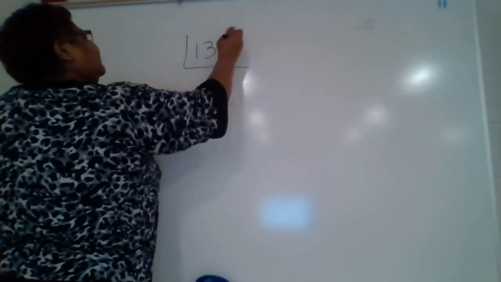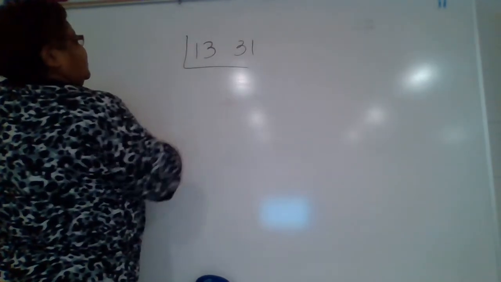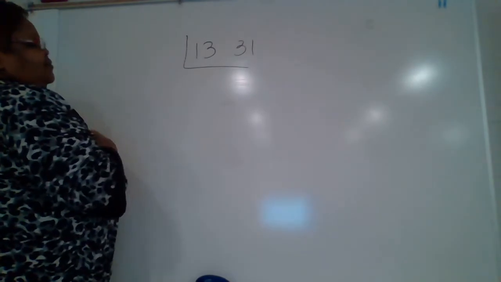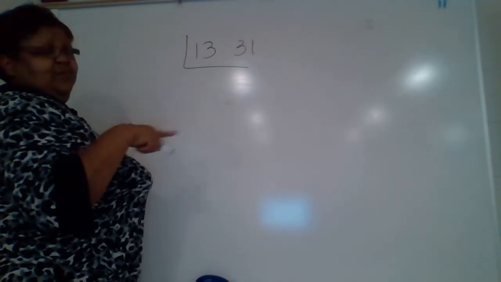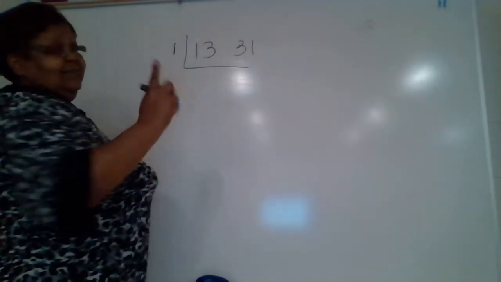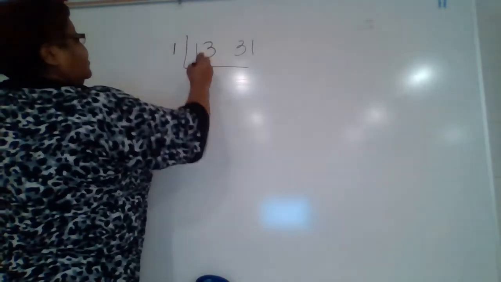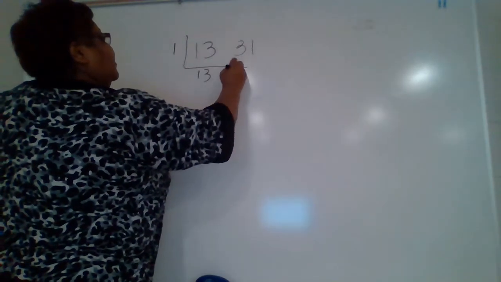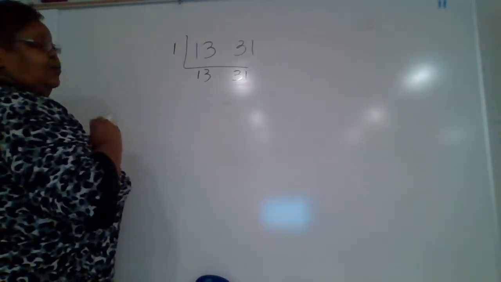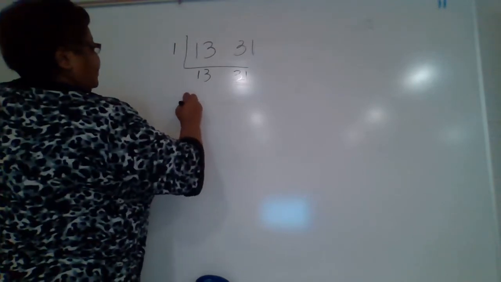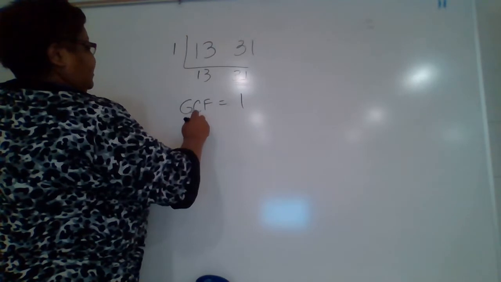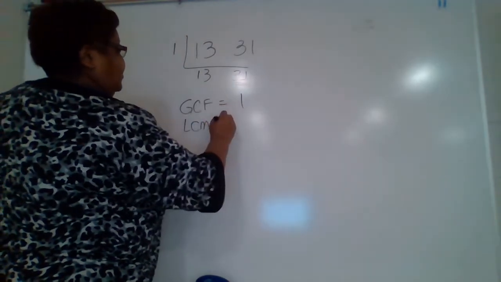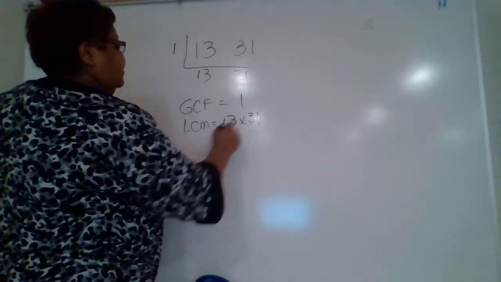Now let's look at 13 and 31. What goes in both of those? 1, because both of them are prime numbers. But we got to get our LCM. So 1 goes into 13, 13 times. 1 goes into 31, 31 times. 1 and done. My GCF is 1. And my least common multiple is simply going to be 13 times 31.